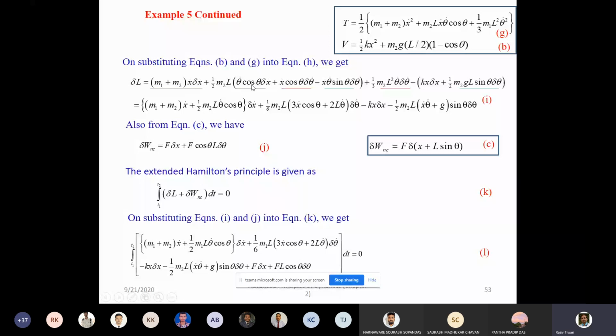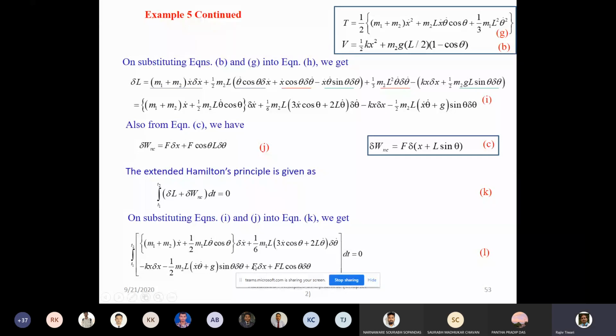Similarly, theta dot variation is there in the red color. So let me underline this term, this term in red. So these two terms will be coming here. Then the variation of the delta x is only this, and variation of the theta is other. Here also it is there.